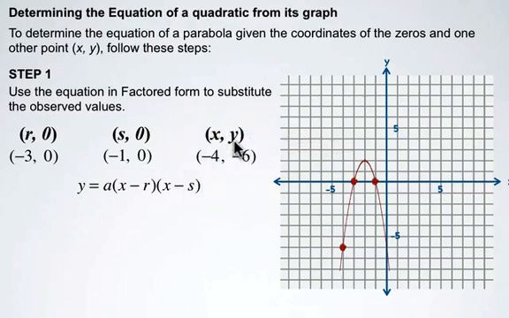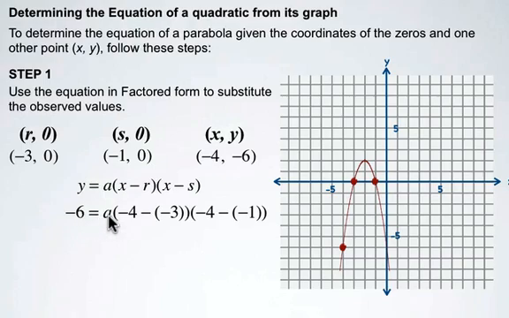Our x and y comes from the extra point that we've located here. The x and y coordinates for that point are -4, -6. We now substitute in these values into this equation. Our y is here, -6.